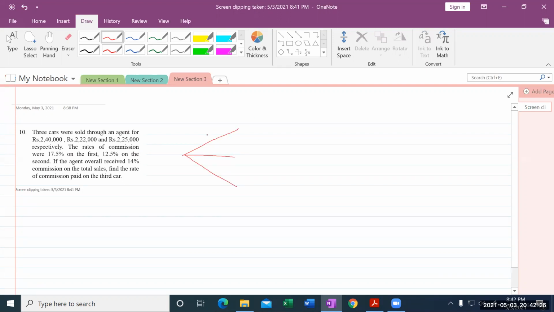We have three cars. This is car one, this is car two, and this is car three. First car price is 2,40,000. Second car is 2,20,000, and third car is 2,25,000.